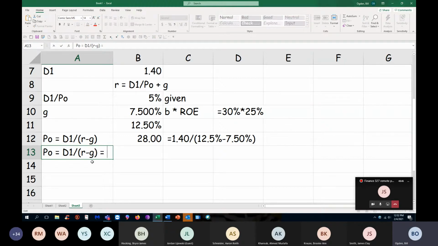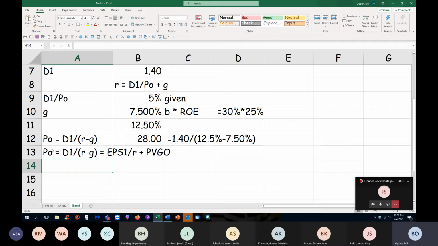We said this is also equal to EPS1 divided by R plus the present value of the growth opportunities.